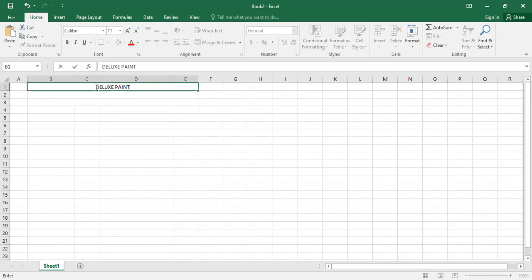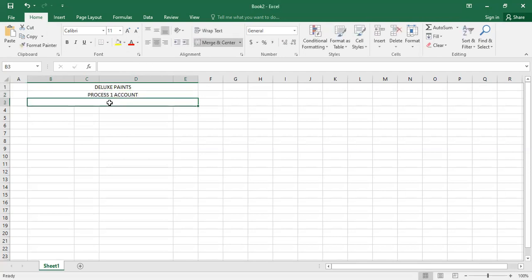That's the answer because it's an examination question. Then it's process account, and there are several processes. So this is the process one account. What's the month? For the month ended October.